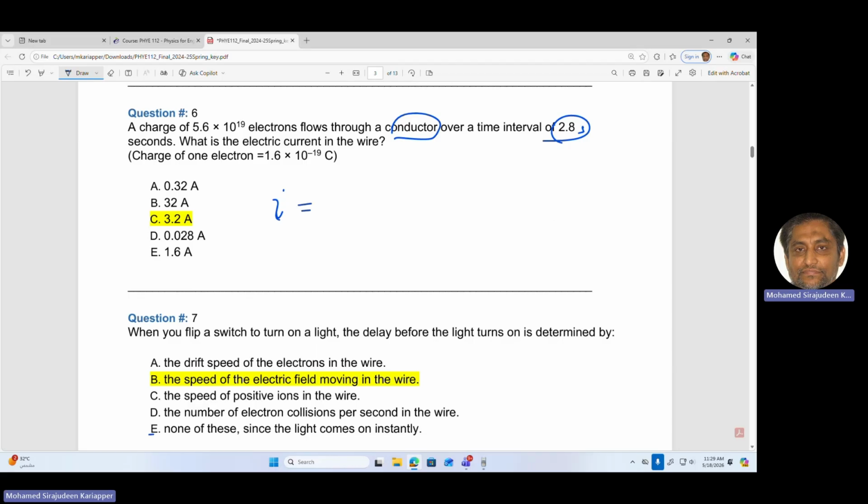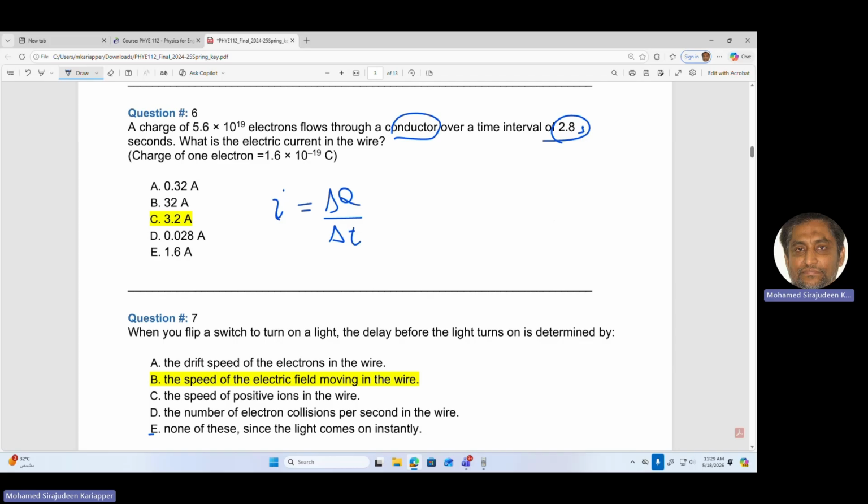If you stay there, you take an area and count the number of charges passing that area, divide by the time taken, the rate of how fast it is flowing, that is the current. So delta Q divided by delta T. The rate of charges passing through a given area will be the current through that area. That's the definition.